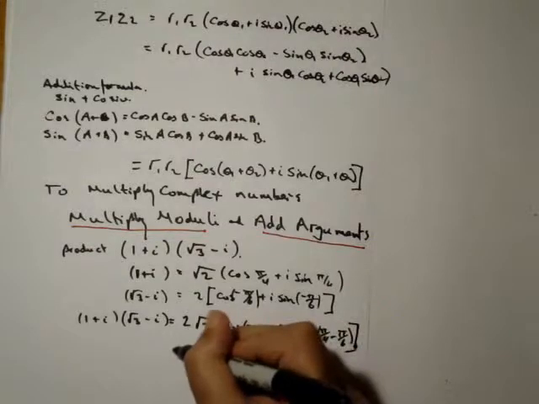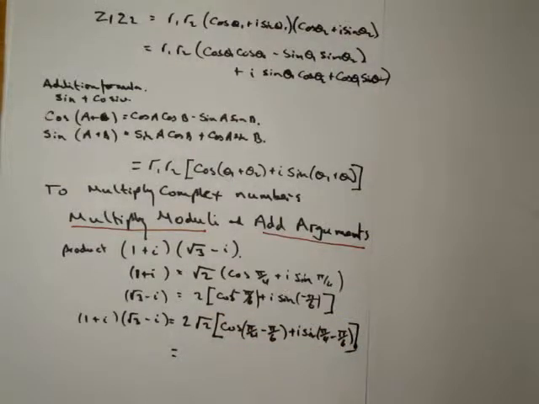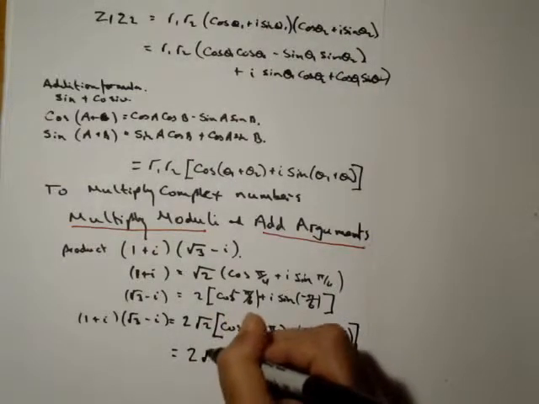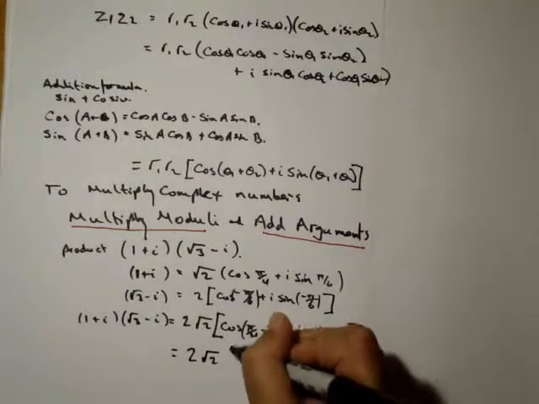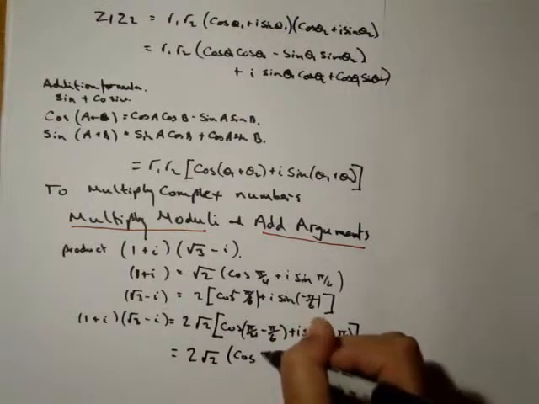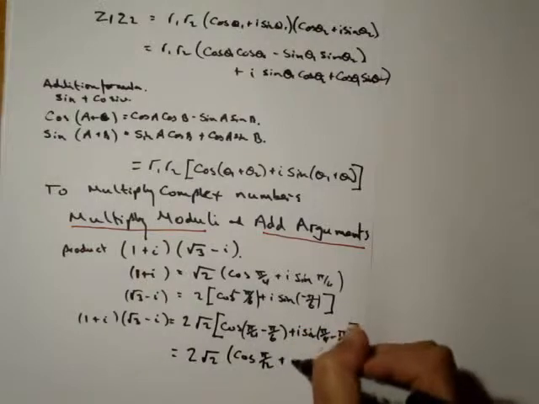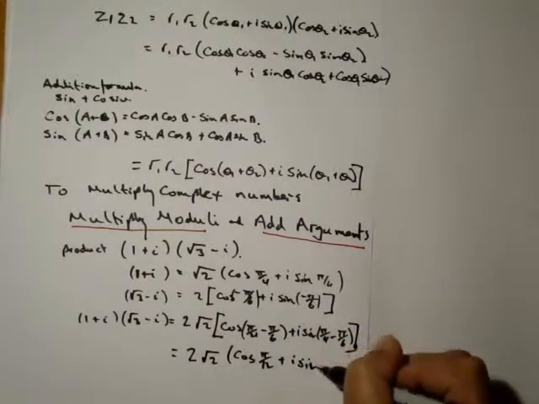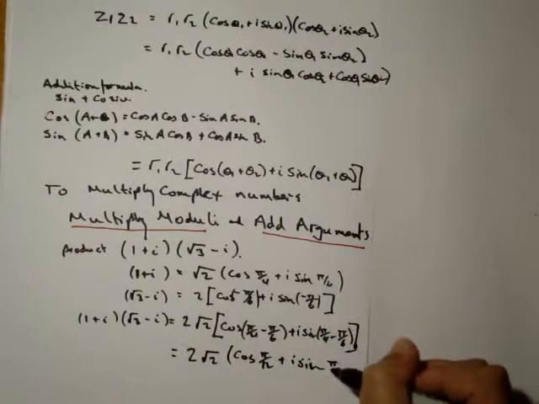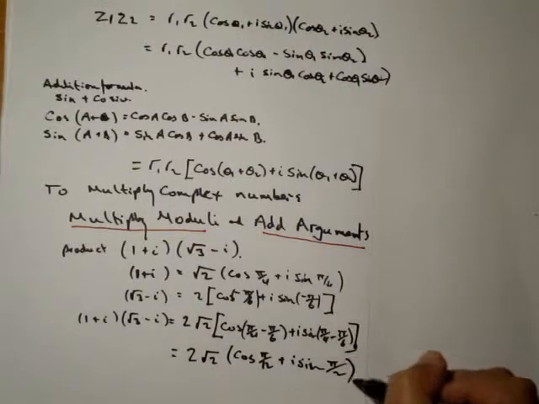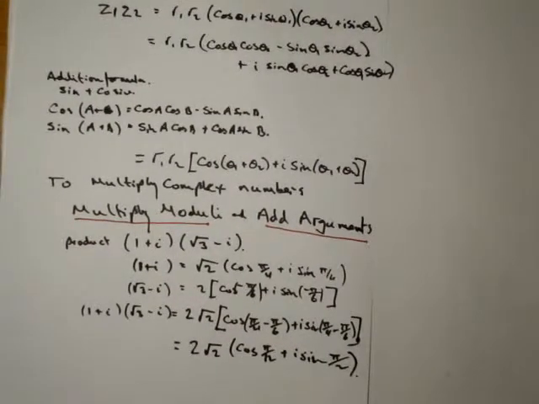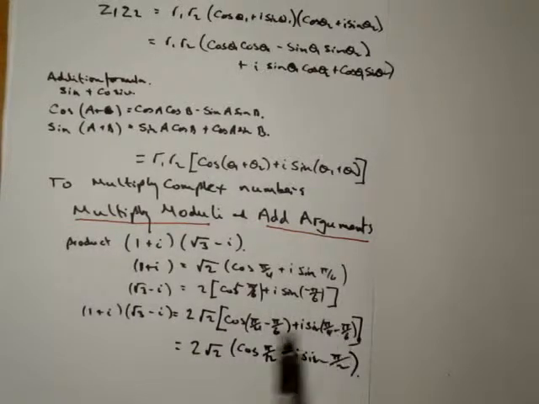And this equals 2 square root of 2 cos pi over 12 plus i sine pi over 12. So we're multiplying the moduli and we're adding the arguments.